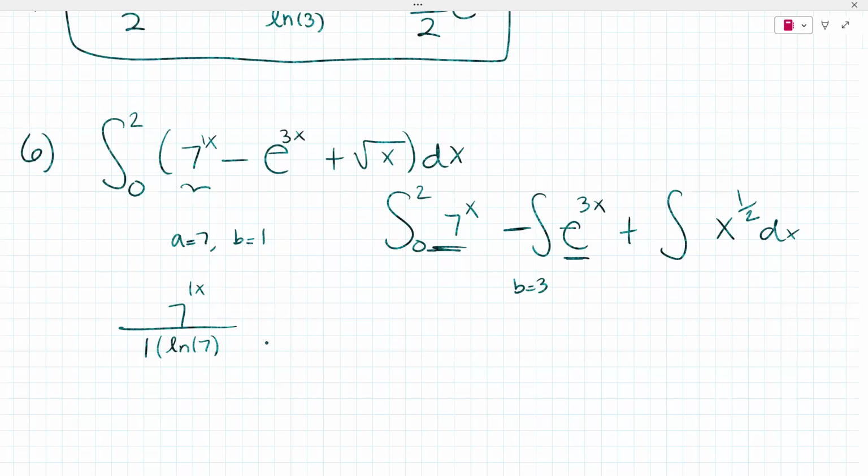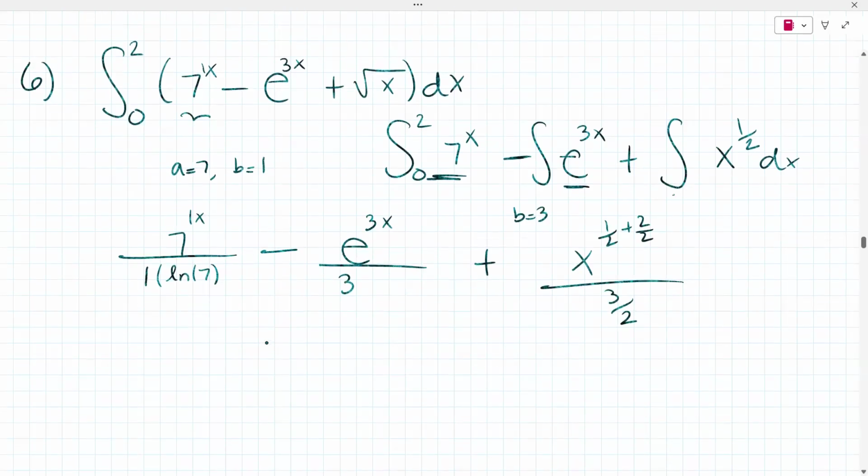So it's going to be e to the 3x over 3, and then there's a minus, and then plus. What is the integration of x to the 1/2? So it's the whole power plus 1. So 1/2 plus 1, which is 3/2. So you divide that by 3/2, right?